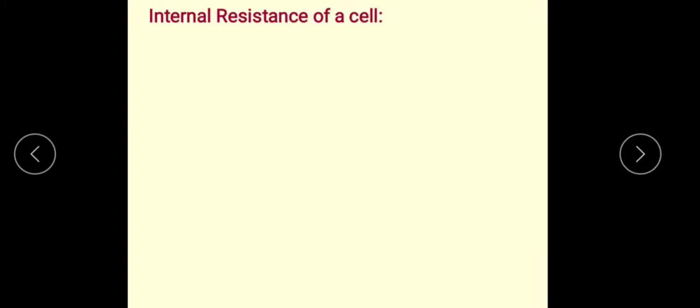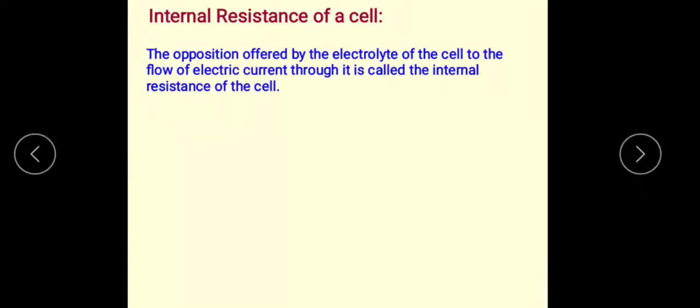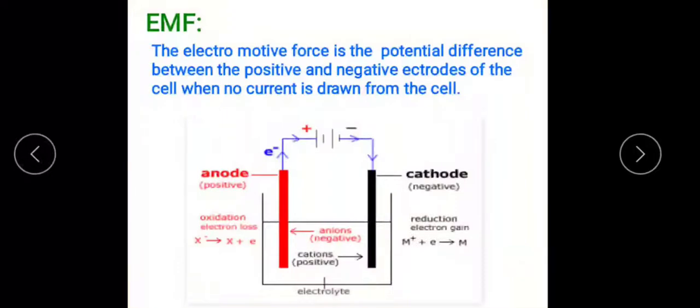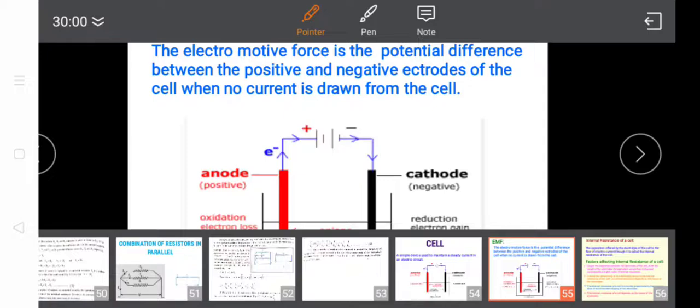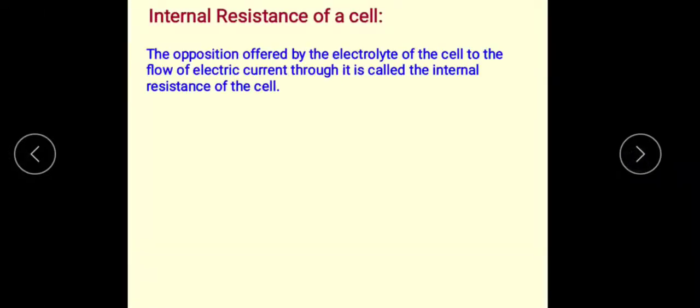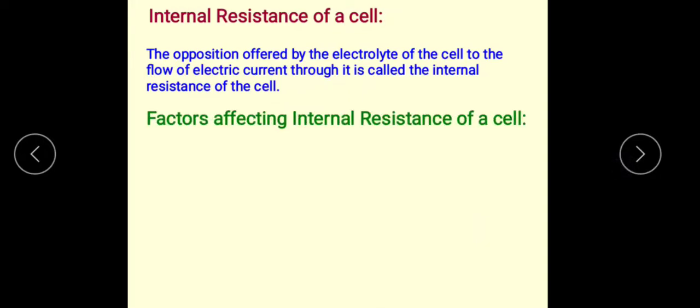The internal resistance of a cell is defined like this: when a current flows through the electrolyte, there is some opposition. The opposition offered by the electrolyte of a cell to the flow of electric current through it is called the internal resistance of the cell.